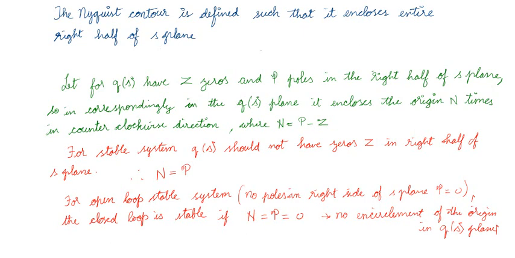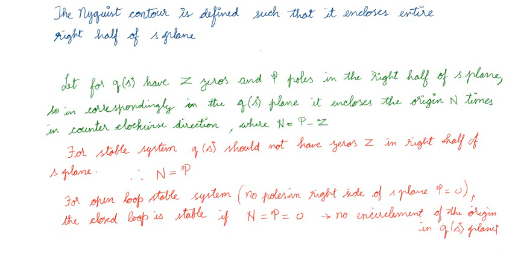If it has Z zeros and P poles in the right half of the S plane, then in the Q(S) plane it encloses the origin n times in the counterclockwise direction, where n is equal to P minus Z, where P is the poles of Q(S) in the right half of the S plane, and Z is the zeros of Q(S) in the right half of the S plane.